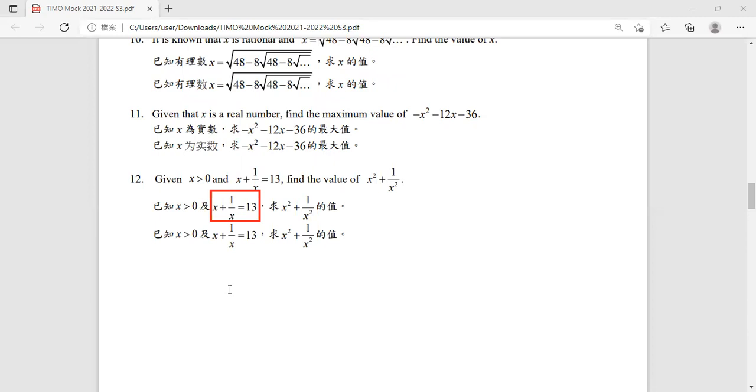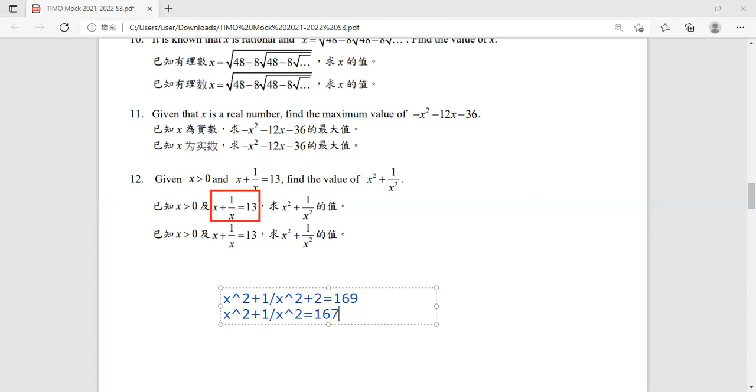Square both sides, you will get x squared plus 1 over x squared plus 2 equal to 169, and they almost finish, reaching 167.